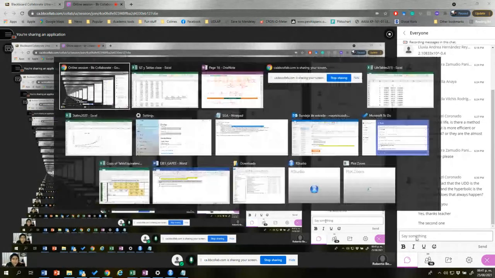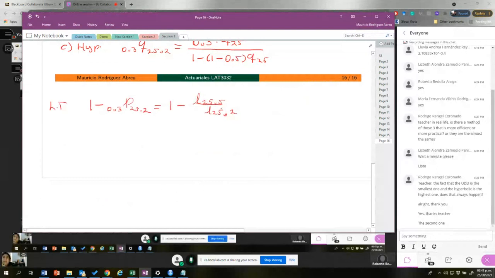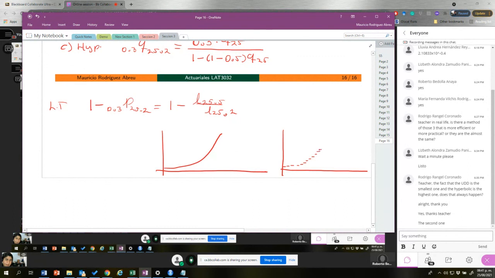So essentially what we are doing in that constant force of mortality, if we have a function for mu x, so if I have my force of mortality being like this, what we are doing essentially is creating this stepwise function. And this is in a 1 year interval, okay?